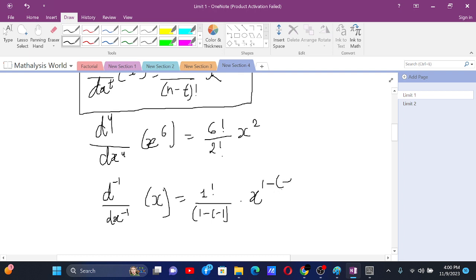This gives us 1 by 2 factorial times x squared. This is x squared by 2, which is the integral from 0 to x of x̄ dx̄.